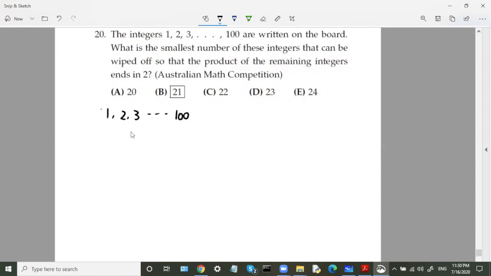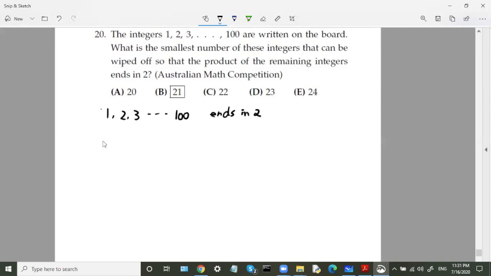We need to wipe off some numbers, then multiply the remaining numbers to get the unit digit 2.